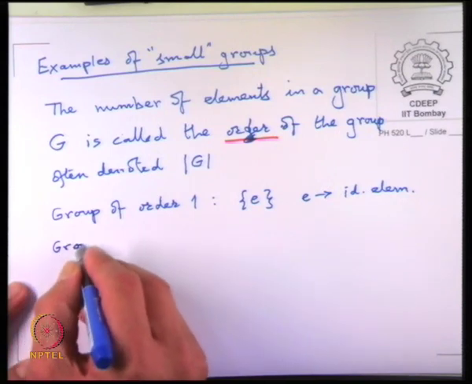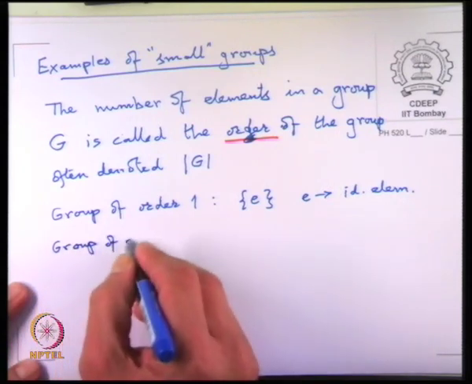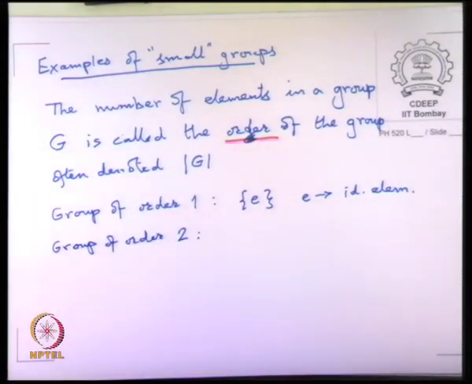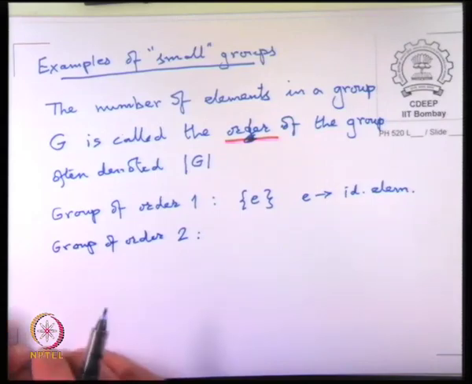The next possible group is a group of order 2. Here we can think of a simple example of 1 and minus 1 under multiplication. So the group operation is the usual multiplication. We can see that 1 is the identity obviously, and minus 1 squared is 1, so minus 1 is its own inverse, and so on.